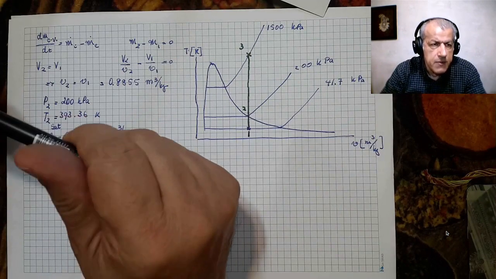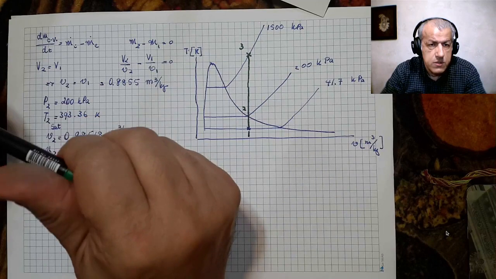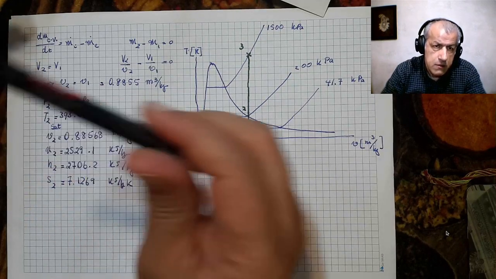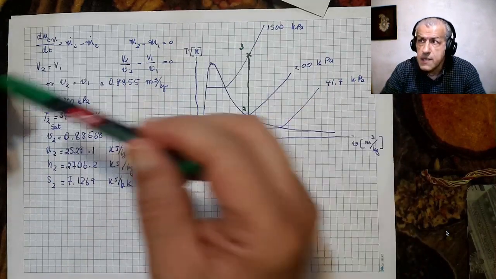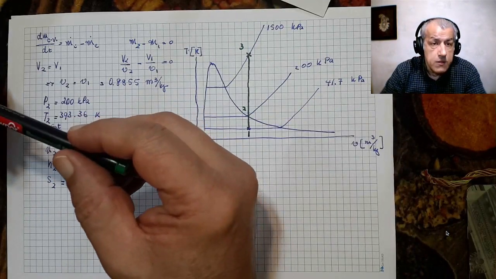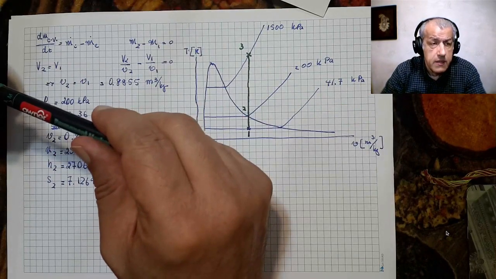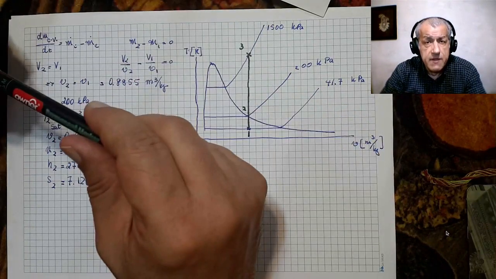Going to the tables, we would have little information about point 3 in the tables. Why? Well, simple to say, because point 3 is far into superheat, and it is now just like a perfect gas.